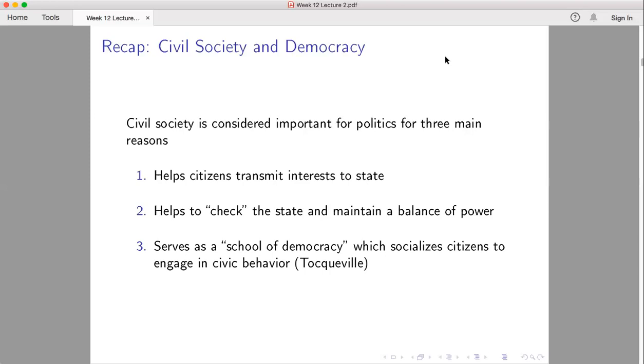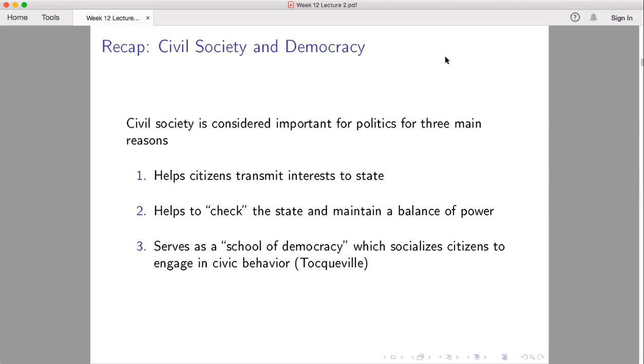But they are also a way to practice democratic skills. So you can practice community organizing, you can practice voting, you can become more informed about politics, and all those things translate very easily into the types of political behaviors like voting, petitioning, political engagement that we think are very important for democracy.